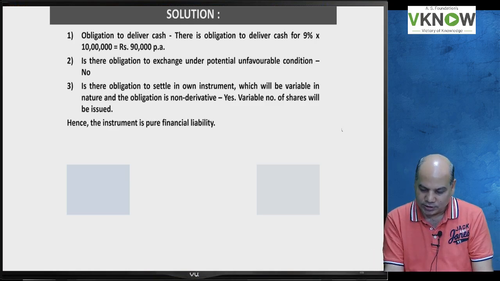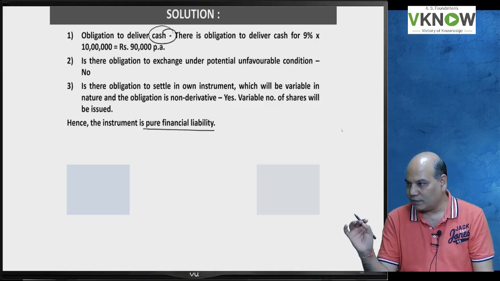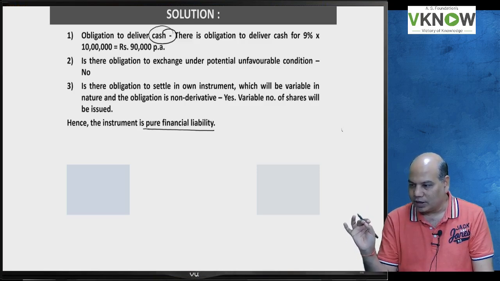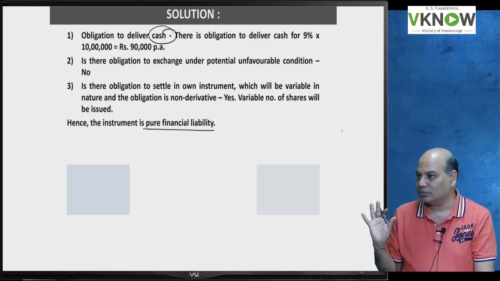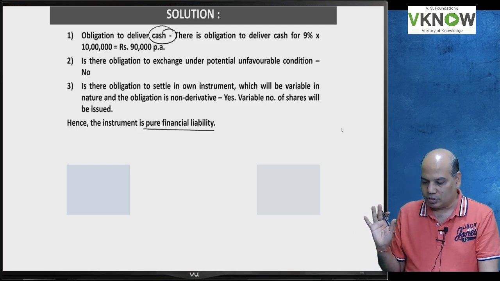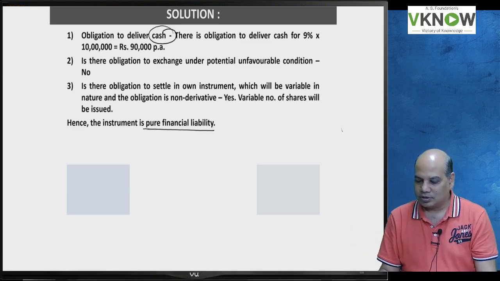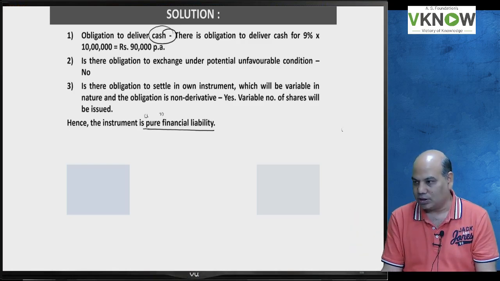Pure liability means coupon is also liability, redemption is also liability. Coupon is a fixed amount of cash to be paid every year. Redemption is a variable number of shares to be issued against a non-derivative contract. Is it right? So both principal and coupon are liability. So they are called pure financial liability.